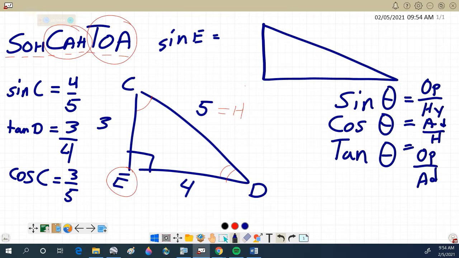So you can't choose the right angle as your angle. Now, there is more complicated trigonometry in the future that will allow you to do that, but it's not something we're going to learn right now. So when you do SOHCAHTOA, you can only pick those angles. You cannot pick the right angle because it turns out we have no O and we have two A's, and that's a problem.